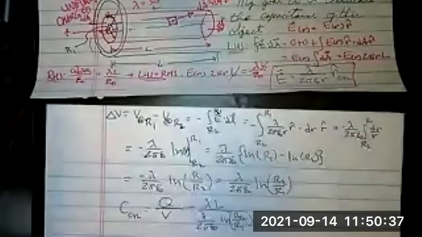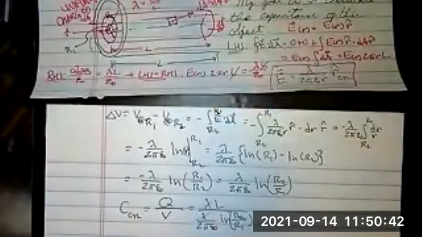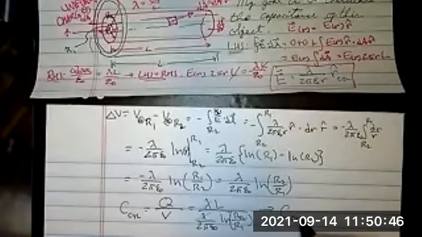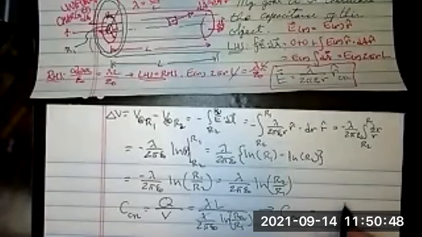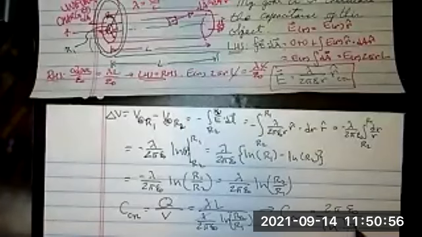Like I told you, capacitance should only depend on the geometry and not the charge. So ultimately we do get that as the case, and we see that C for the concentric cylinders is equal to 2 pi epsilon naught over the natural log of R2 over R1.